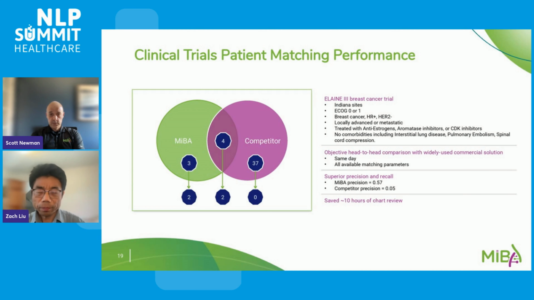This, of course, is just one trial, but we've repeated this story over 4 additional trials in recent weeks. And generally, the performance is looking really good and superior to some of the other solutions out there. And of course, this is good for patients. It means that our networks can more ably match patients to clinical trials and potentially enroll them, giving them access to new therapies where perhaps they've run out of options.